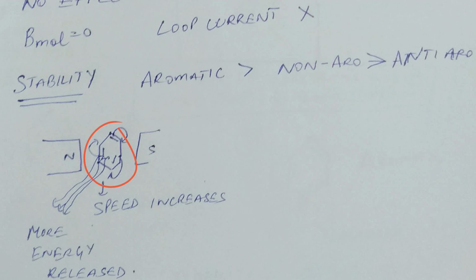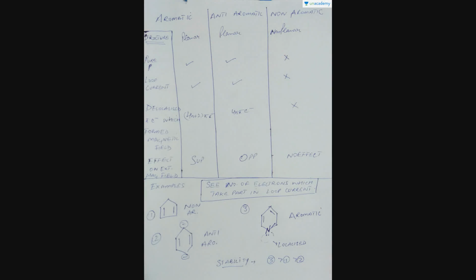It will support the molecule's own magnetic field, and the electrons will tend to move faster. As they move faster, they will lose more energy, and if more energy is extracted from the system, it becomes more stable and its potential energy decreases, so it is good for the molecule.